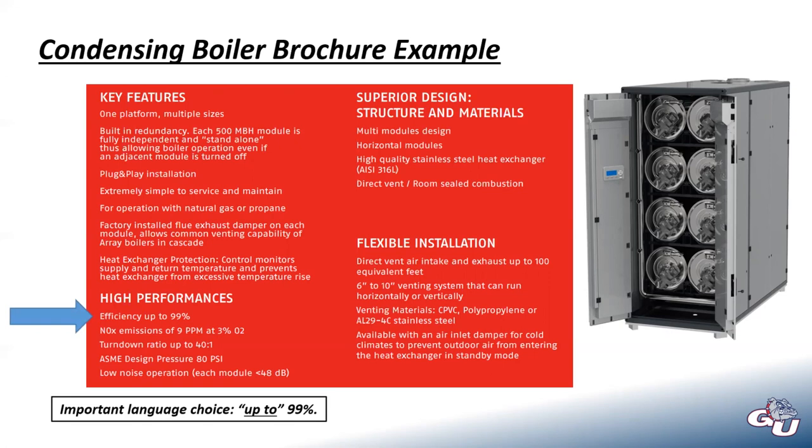And that's a pretty important language choice there, to say up to 99%. And it's back to that argument of, well, under what conditions is it going to be 99% efficient? So not all equipment has these strict standardized testing measures enforced, and this would be one example of that.